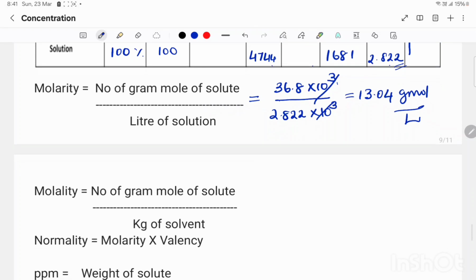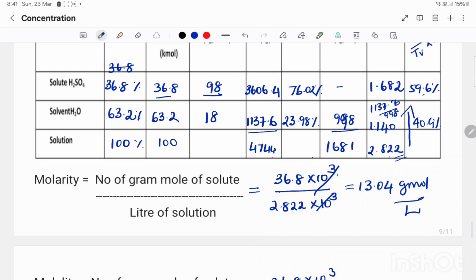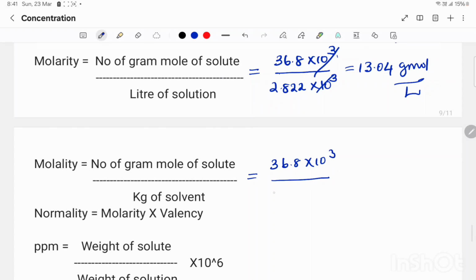Next, to calculate molality: molality is gram moles of solute, the same 36.8 into 10 raised to the power 3, divided by kg of solvent. The mass of the solvent is 1137.6, so you will get 32.34 gram mole per kg, which is the molal of the H2SO4 solution.